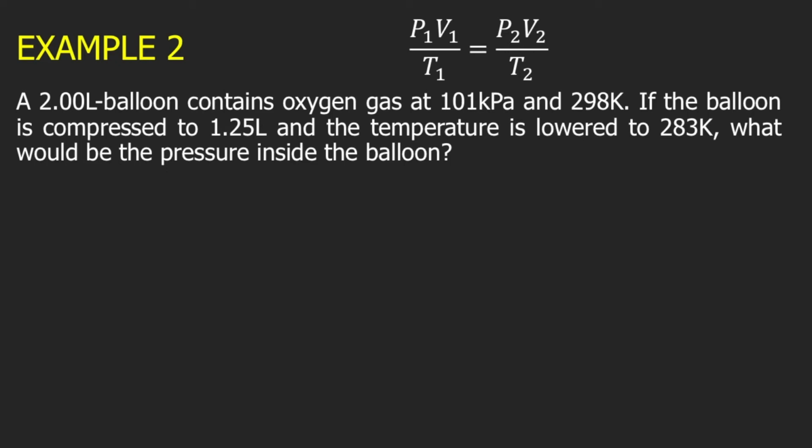A 2-liter balloon contains oxygen gas at 101 kilopascal and 298 Kelvin. If the balloon is compressed to 1.25 liters and the temperature is lowered to 283 Kelvin, what would be the pressure inside the balloon? So again, the first step for combined gas law problems is to list all the given.